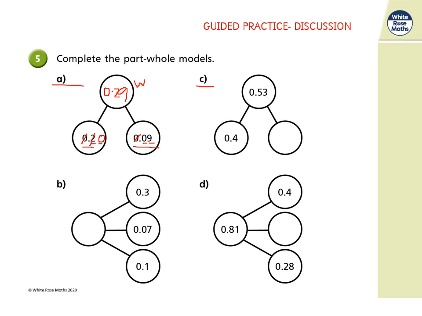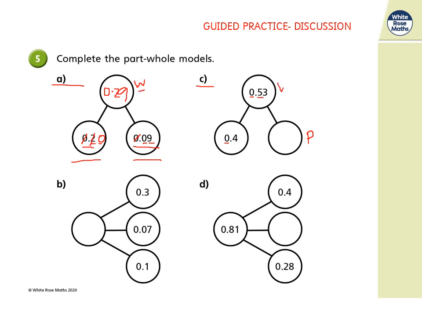Now we're going to look at C. This one is a bit more tricky because it's partitioned our tenths column into 2 separate parts. You can see that we don't have any ones and we don't have any ones in the whole, and I've been asked to find the missing part. You see, before we had 2 parts and I had to find the whole.